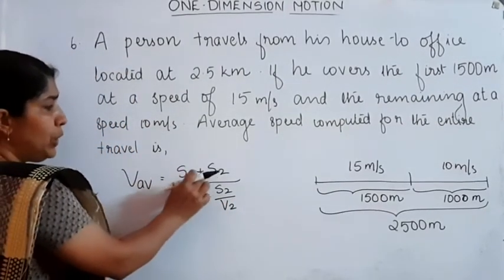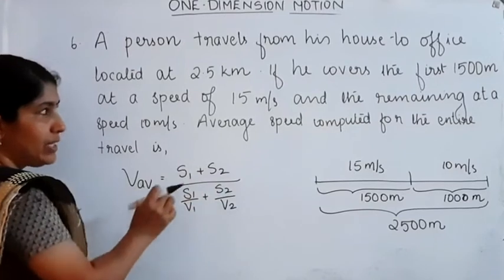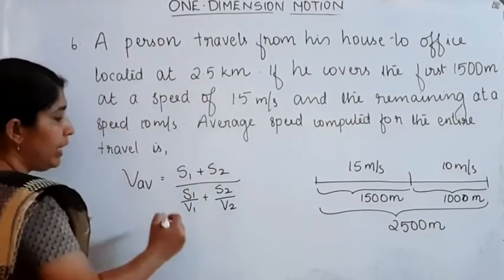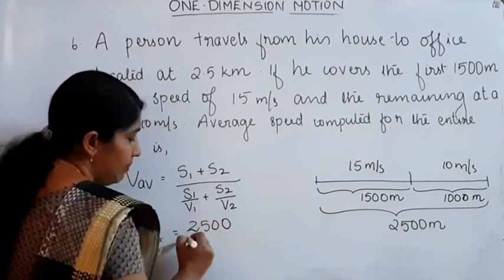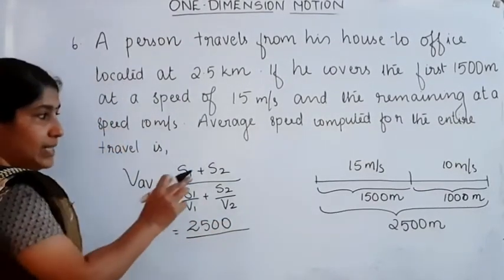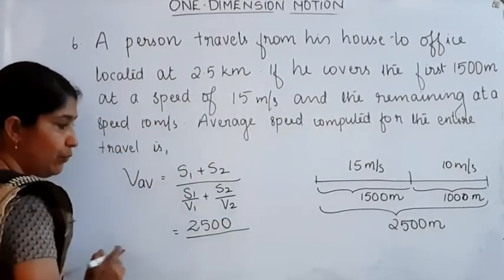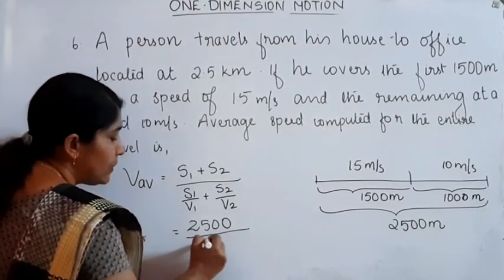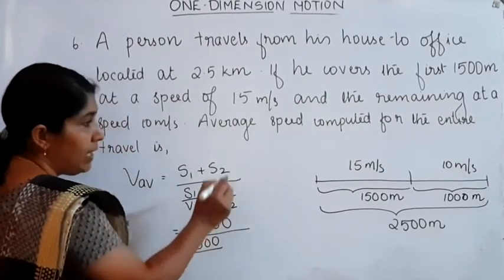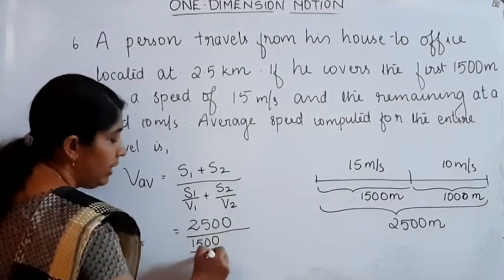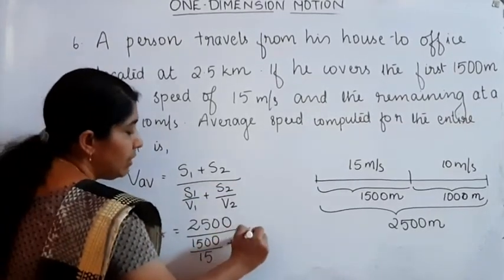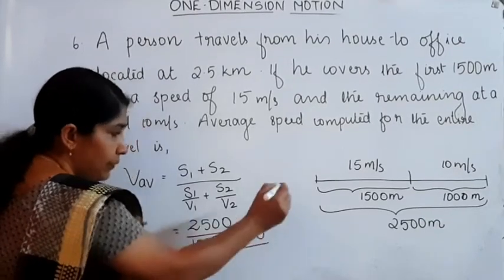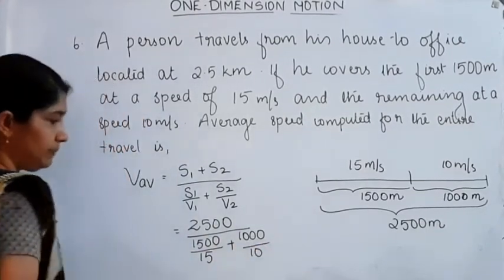The total distance S1 plus S2 is equal to 2.5 kilometer, that is equal to 2500 meter, divided by S1, which is 1500 meter, divided by velocity 15, plus S2, which is 1000, divided by 10 meter per second.